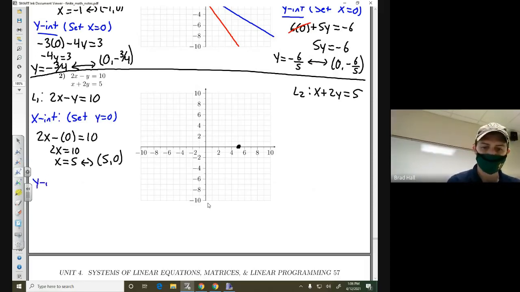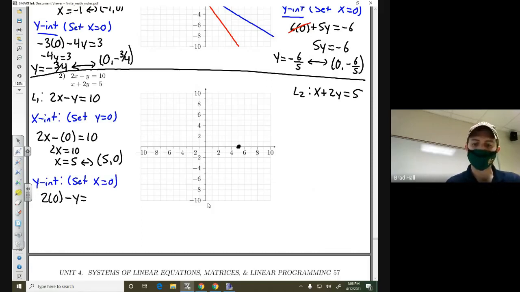So what about the y-intercept? We set x equal to 0. 2 times 0 minus y is equal to 10. Anything times 0 works out very nicely. Negative y is equal to 10, or in other words, y is equal to -10.